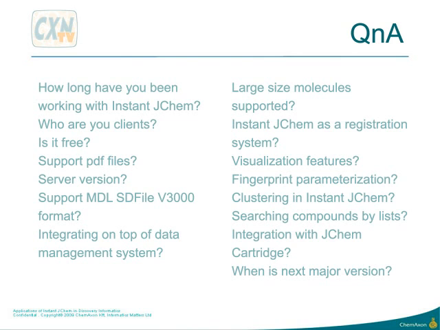Alex, I see one that's been asked about PDF files. The question was, can you have PDF files in Instant JChem? And the answer to that is, in the version that you're seeing today, no. But in the current development version, we've added support for linking into data that is available on your network or on the internet. So if you've got your PDF files on your network somewhere with some sensible naming convention, then you can link to those quite easily using a URL.